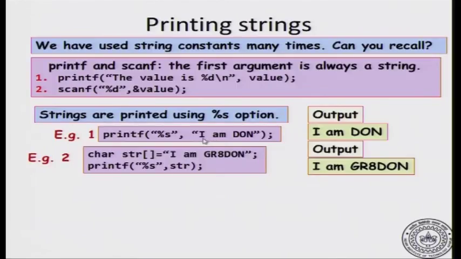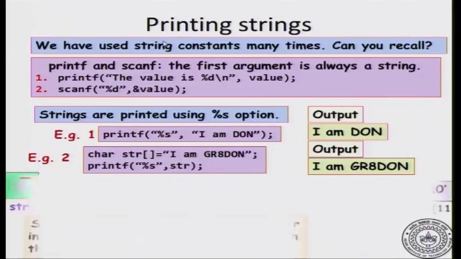Now, what if I initialize a character array, char str, open close square bracket, without specifying the size. I initialize it using a string constant "I am down" within double quotes. Then I print it using printf("%s", str).